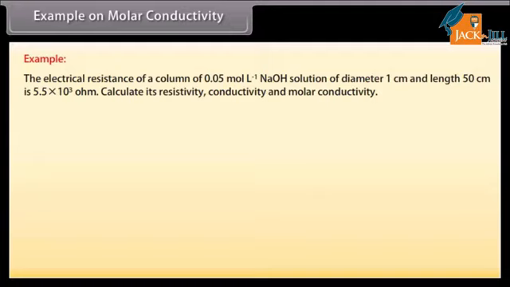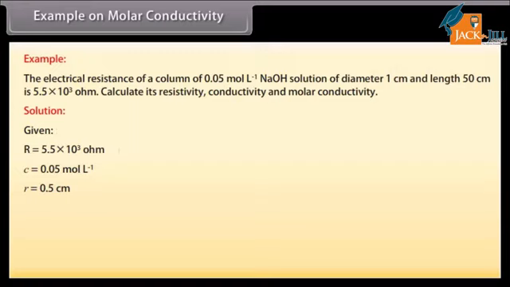Calculate its resistivity, conductivity and molar conductivity. Let's see the solution. Here the given values are R = 5.5 × 10^3 ohm, C = 0.05 mole per liter, r = 0.5 centimeter, L = 50 centimeter.